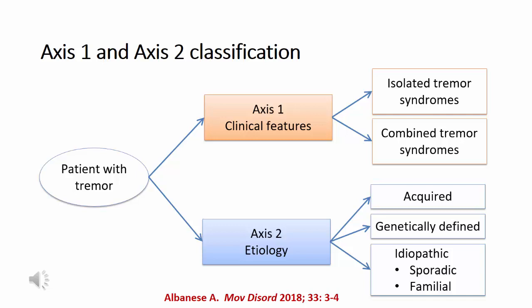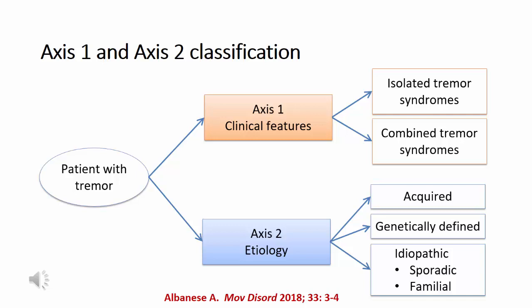There are two basic categories of tremor syndromes in the new classification scheme. Isolated tremor syndromes consist of tremor and no other neurological signs or systemic signs or symptoms that are relevant to the patient's tremor. A combined tremor syndrome consists of tremor and one or more additional relevant signs or symptoms.